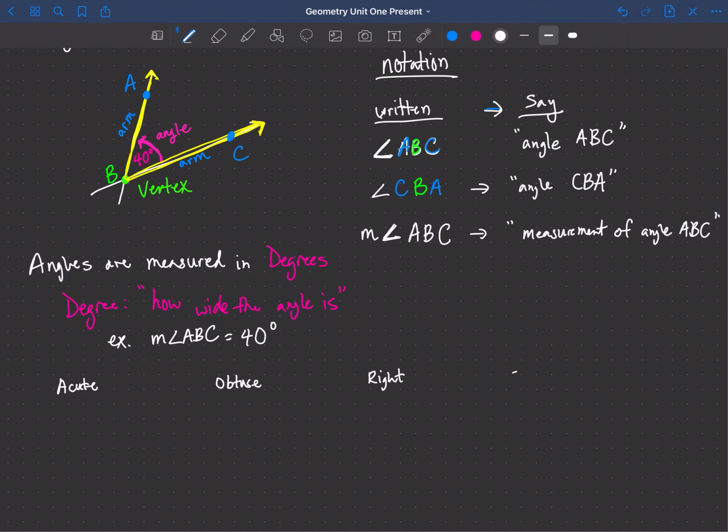Okay, so that's the basics of angles. There are also 4 types of angles that we're going to talk about, different measurements that are the basic structures of angles. So we have acute, obtuse, right, and we also have a straight angle.